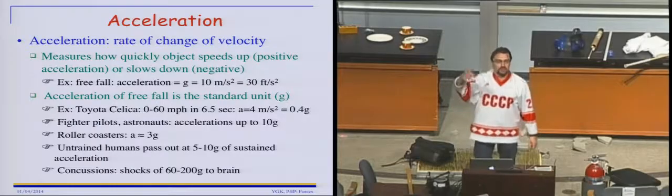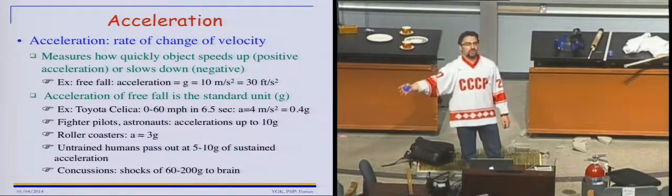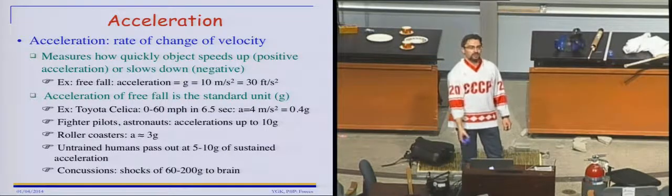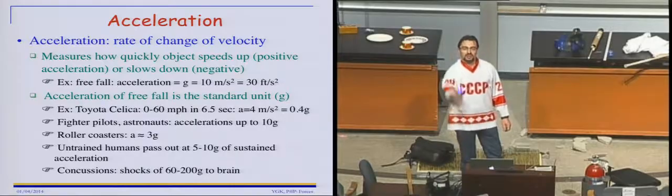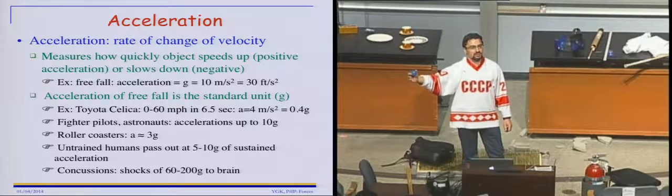What it means is that every second of motion adds to the speed of this object by about 30 feet per second. So in the first second, the object will achieve a speed of 30 feet a second. In the second second, the speed will increase by another 30 to 60, then by another 30 to 90, etc., etc.